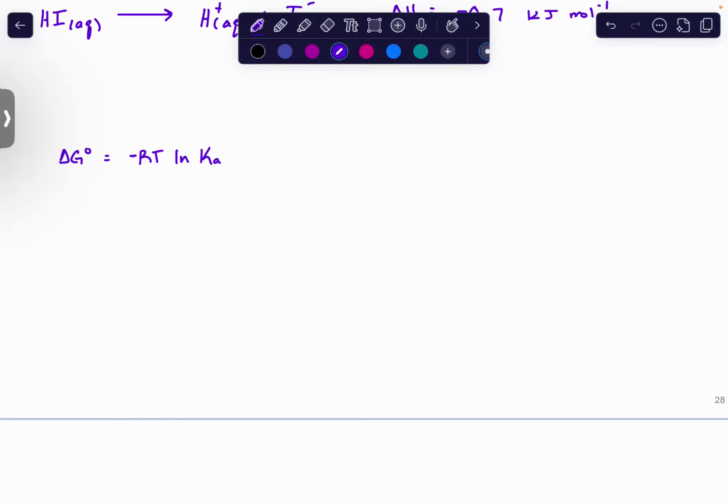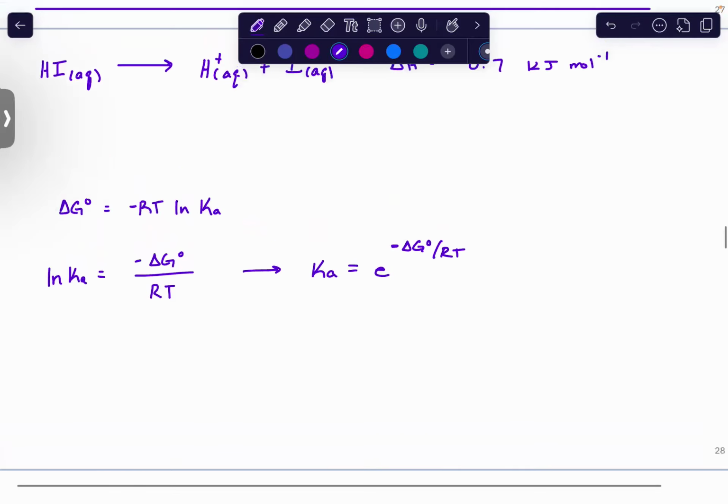So what are we going to do? Well, let's go ahead and take the Ka, which is going to be e to the negative delta G over RT. So we can get this equation that we can plug things into. Now we see our gas constant.